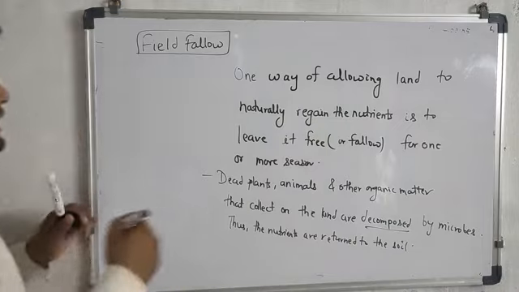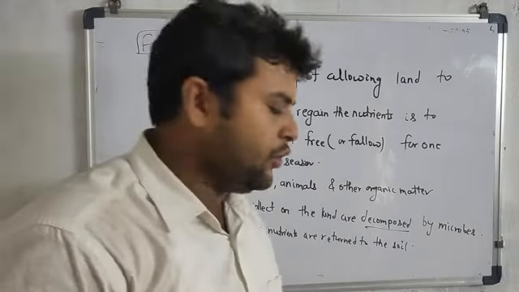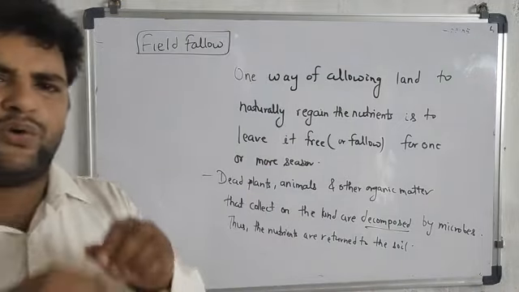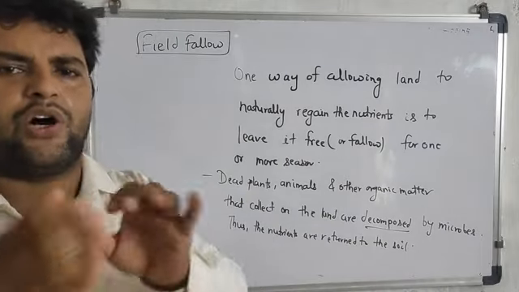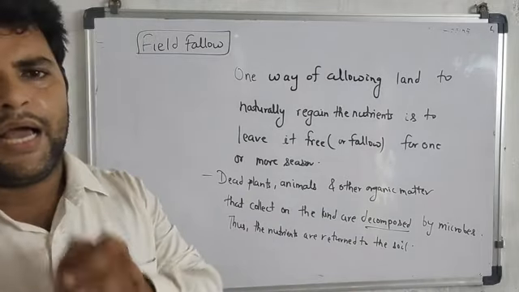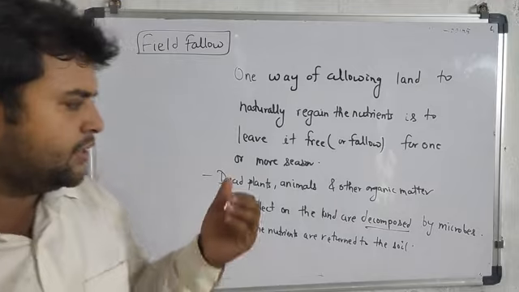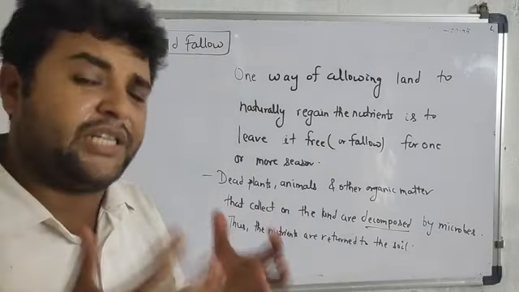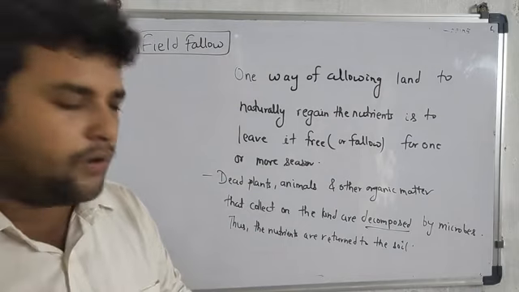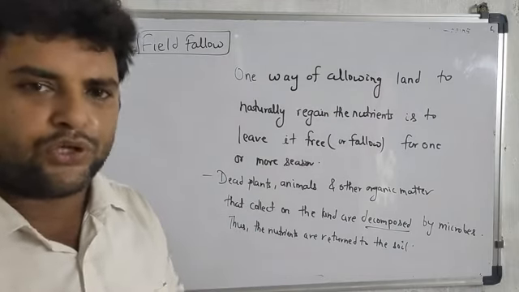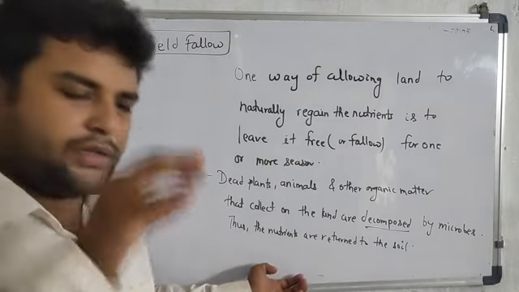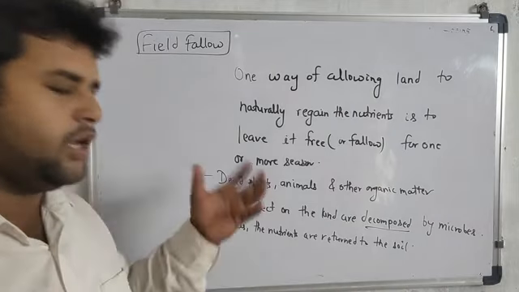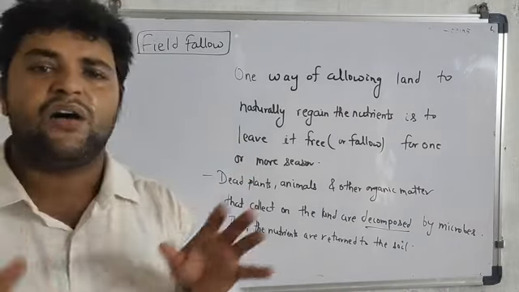So note it down, this is called field fallow, in which we leave the land for one or two cropping seasons, and the dead plants and other microorganisms are decomposed with the help of decomposers, and ultimately these nutrients are returned back to the soil. Note it down, this is the field fallow.